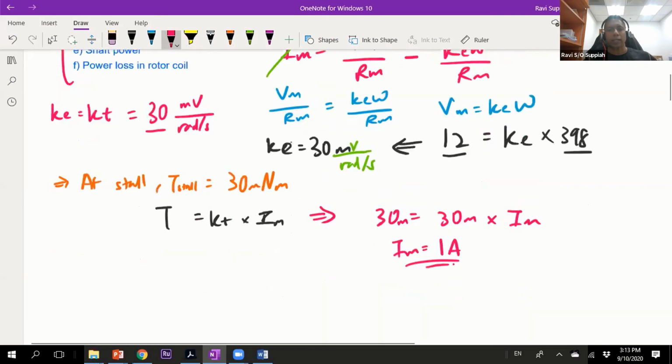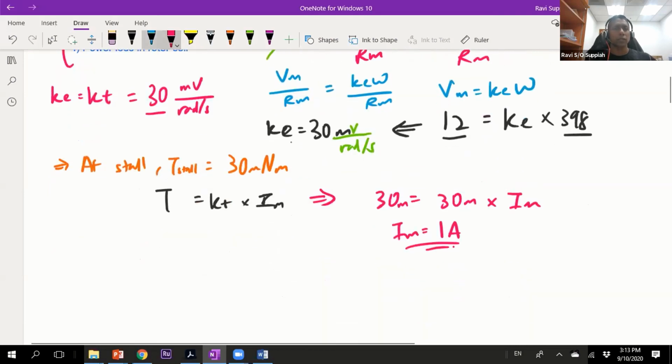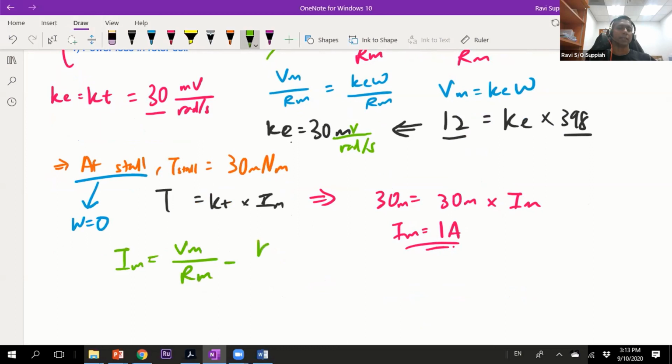The other thing that we also know is at stall, that means your motor is not moving, so omega is equal to 0. So putting this back into the equation, Im equals Vm over Rm minus Ke omega over Rm.